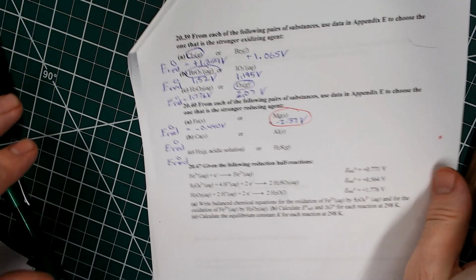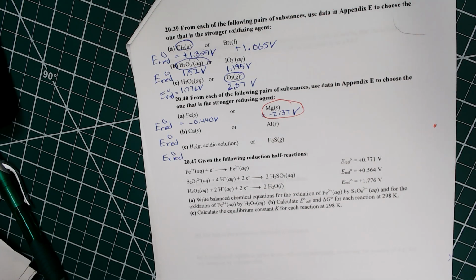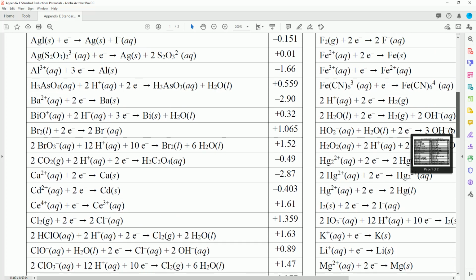So for calcium and aluminum. There's calcium at negative 2.87 volts. That's pretty strong, hard to beat there. And then we'll go back up here.